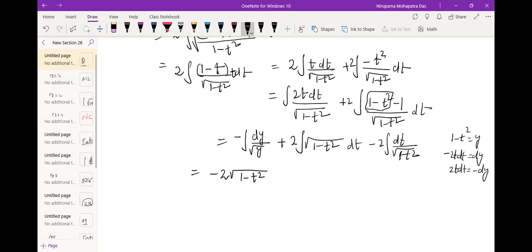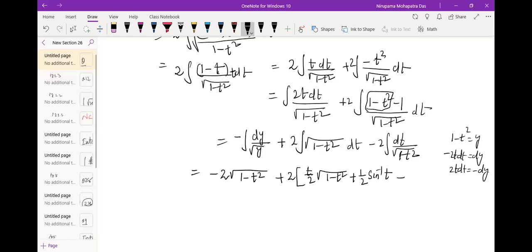Plus, this is your formula base, under root 1 minus y square: x by 2, meaning t by 2, under root 1 minus t square, plus a square by 2 sine inverse x by a.